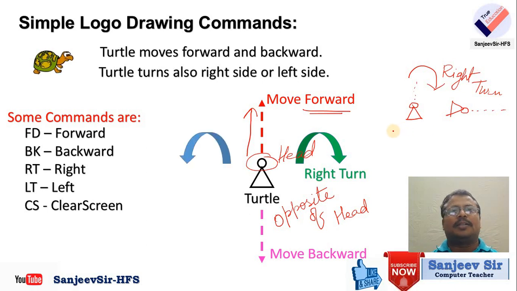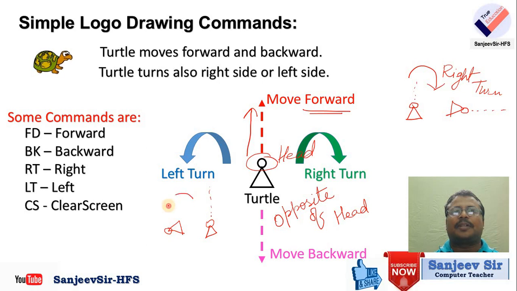And when the turtle moves to the left, the turtle is going in this direction. When the turtle turns left, we perform a left turn like this, and the turtle head direction will go in this direction. This is known as left turn.